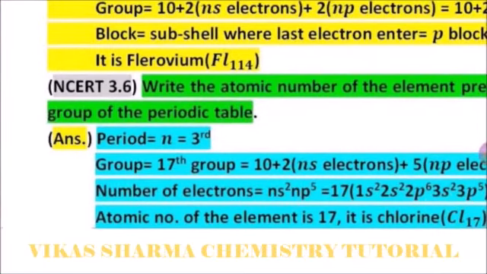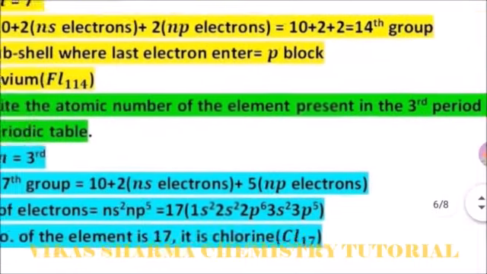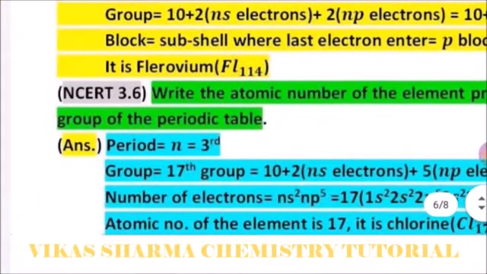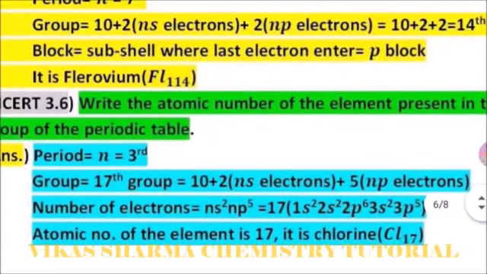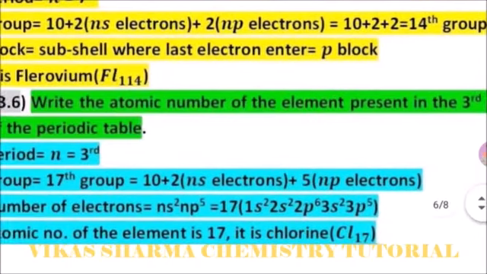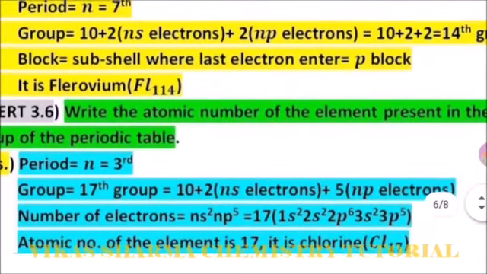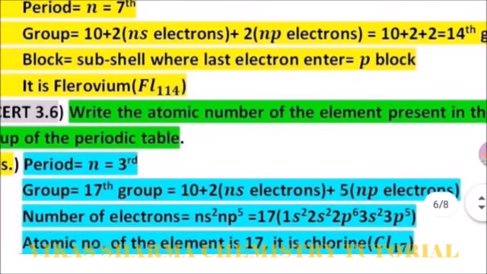Next is the 3.6 NCERT question: write the atomic number of the element present in the third period and 17th group of the periodic table. The period is the principal quantum number, which is third. The group is the 17th group because the configuration of the 17th group is ns2 np5. So 10 plus 2 plus 5 equals 17th group. The number of electrons with ns2 and np5 means 1s2, 2s2, 2p6, 3s2, 3p5.